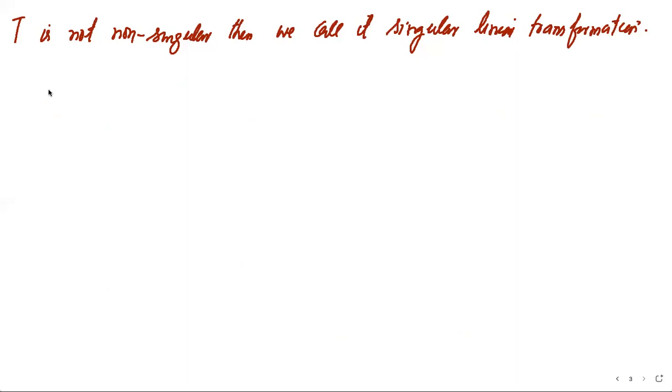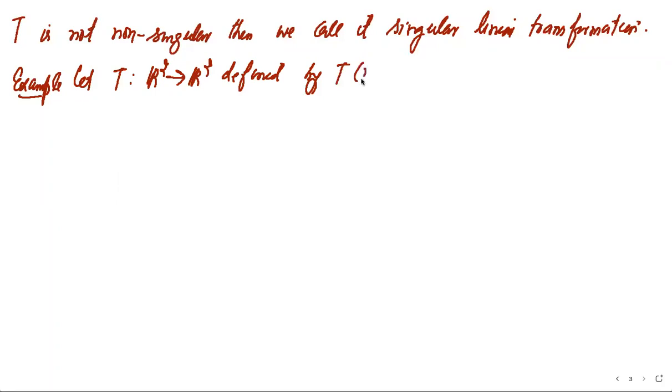So now let us look at an example. Let T be a mapping from, suppose, R square into R square defined by T of (x, y) equal to, simply, (x, y).